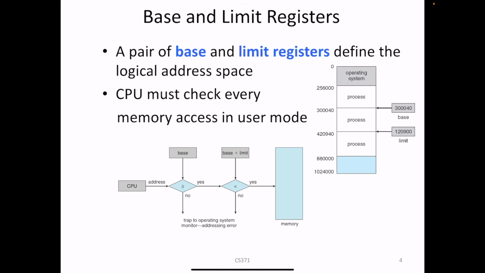If the answer is no, an interrupt will be triggered and trapped to the operating system to indicate an addressing error. Otherwise, the address will pass the first check and move to the other check, which checks whether the address is less than the sum of base plus limit. If yes, the CPU can access this memory space and get the content there. Otherwise, an address error will be triggered through an interrupt.